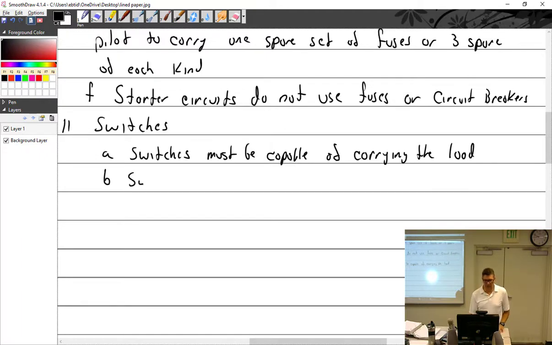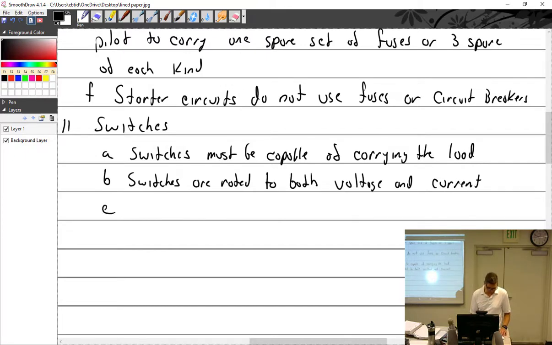Switches are rated to both voltage and current. The nominal rating of the switch is printed on the switch.